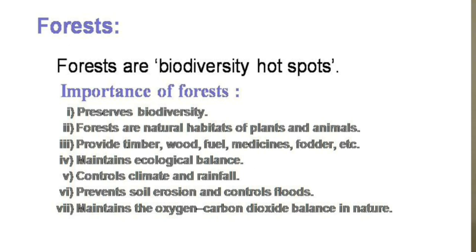Now, we are supposed to understand a term called stakeholders. Now, what are stakeholders? Stakeholders are those people who are associated with the forest directly or indirectly. And who are those?